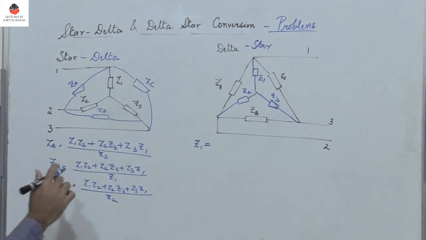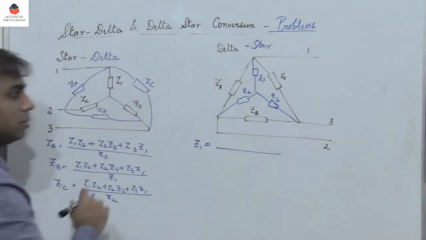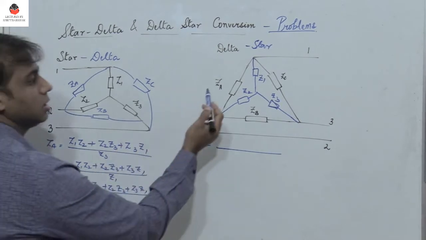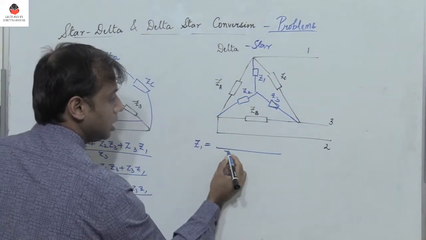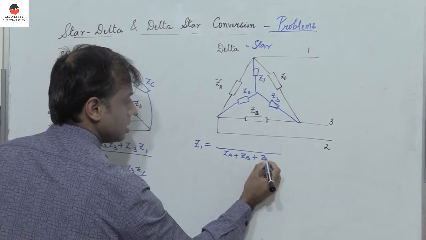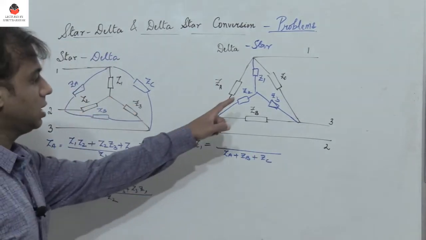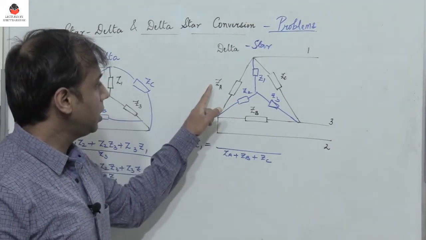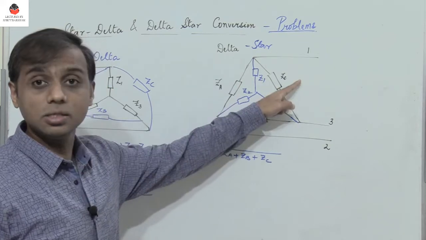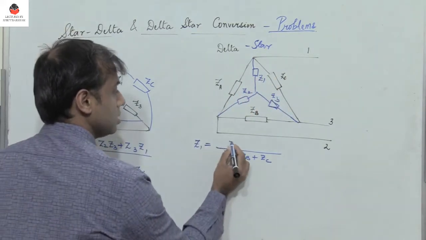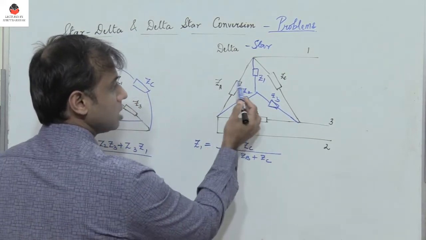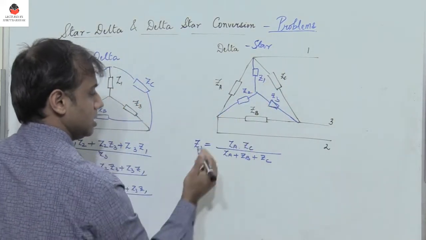Now in delta to star, the denominator remains the same. What is the denominator? The denominator is nothing but the sum of all the three impedances, ZA plus ZB plus ZC. To find Z1, I have to multiply the two impedances which are on either side of Z1, that is ZA into ZC. On either side of Z1 you have ZA and ZC.